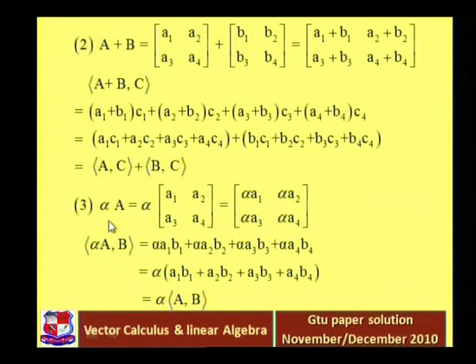Now the third property is alpha A. A is A1, A2, A3, A4, so alpha A is equal to alpha into A1, A2, A3, A4, that is equal to alpha A1, alpha A2, alpha A3, alpha A4.